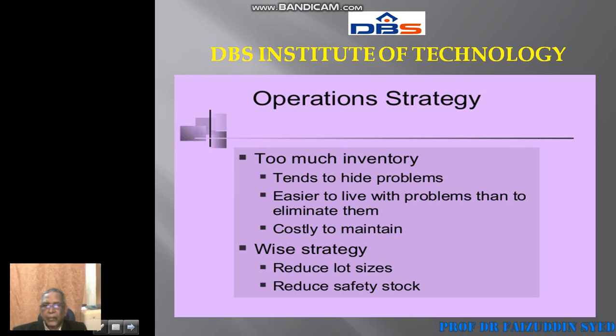The wise strategy is to reduce the lot sizes. So reduce the lot sizes and order the material. Reduce the safety stock. See, don't keep the safety stock as a large stock. As per your calculations, you keep the safety stocks.